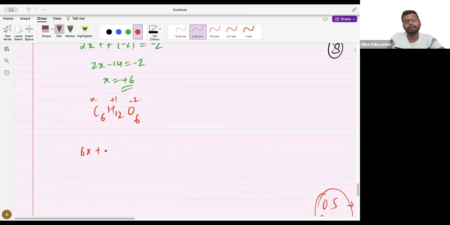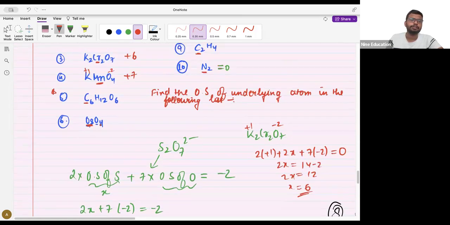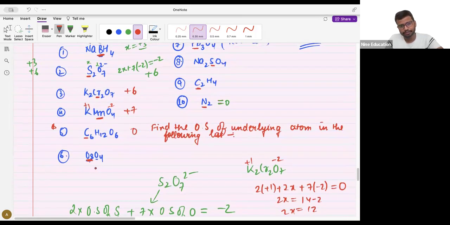So 6x plus 12 into +1 plus 6 into -2 will give you total charge 0. So 6x plus 12 minus 12 is equal to 0. So 6x is equal to 0 and x is equal to 0. So the fifth answer is 0. Varsha is correct and Nihar is also correct. The fifth answer is 0.